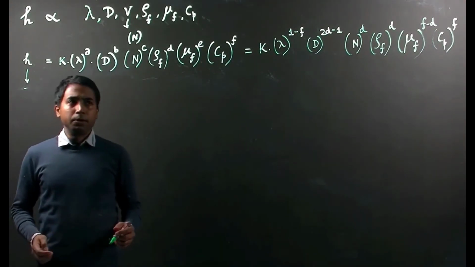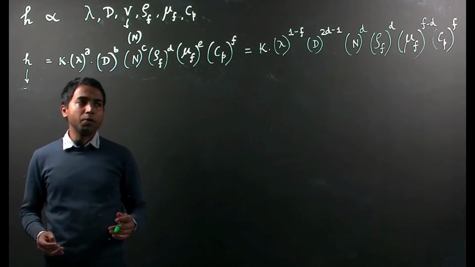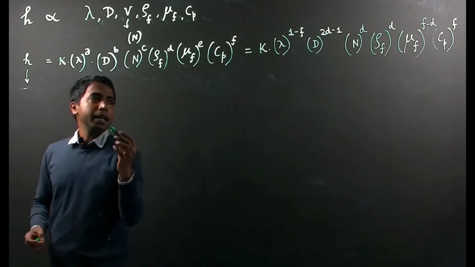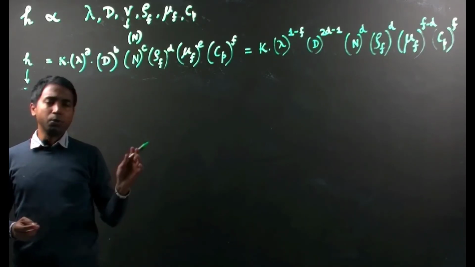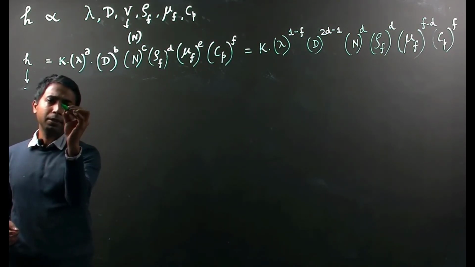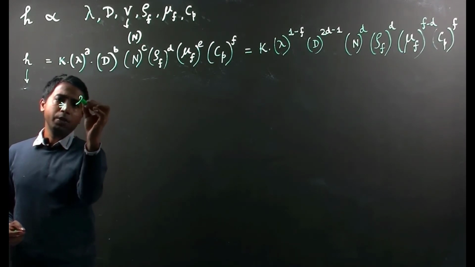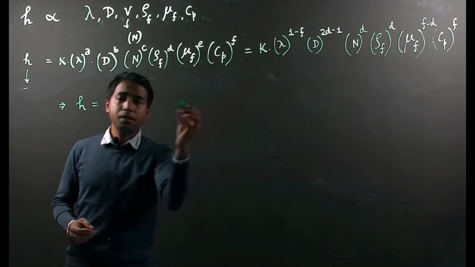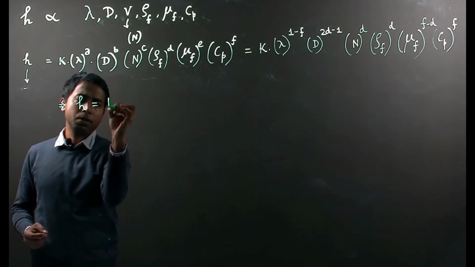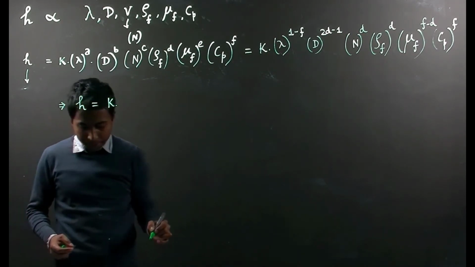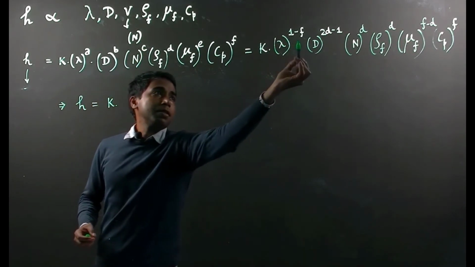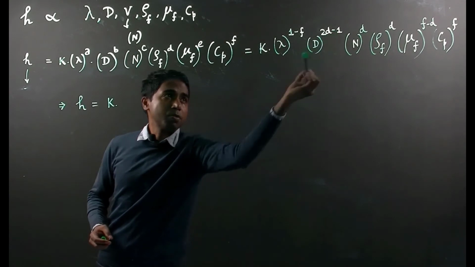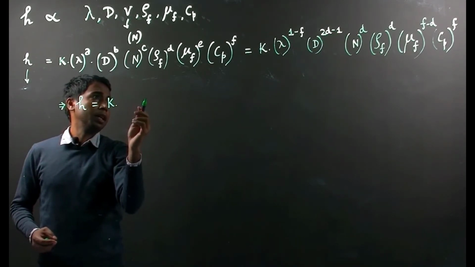Once we have written down the expression for the overall heat transfer coefficient h in this form, it's a matter of rearranging all those parameters. So let's try that. We can write then h equals, this k remains, so let's just write k, and then these coefficients 1 and here minus 1, we are going to write them together.